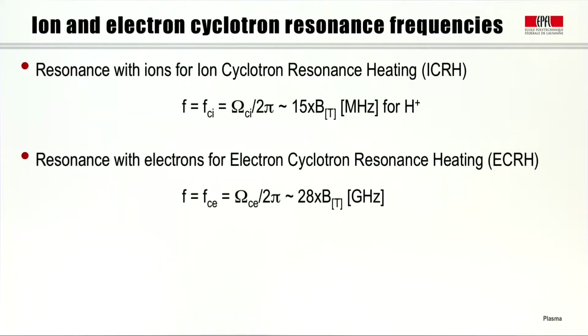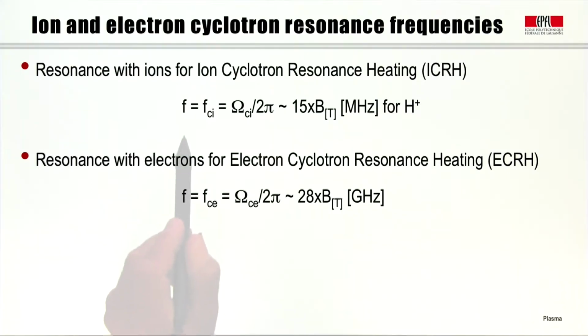Let's estimate the order of magnitude of the frequencies that we are considering here, both for the ions and for the electrons. The resonance with the ions occurs at the ion cyclotron resonant frequency, which will be used for heating.